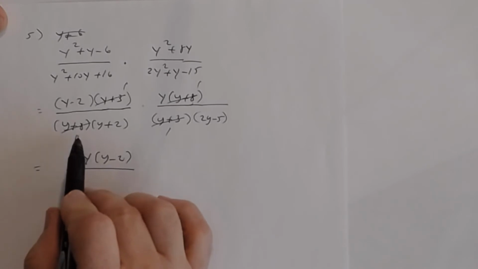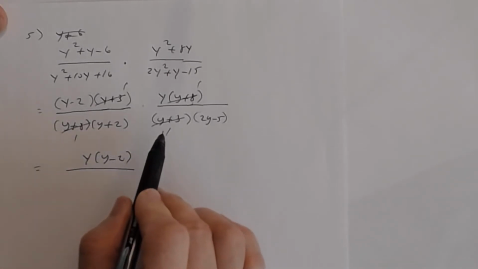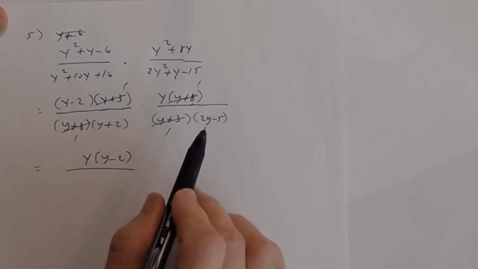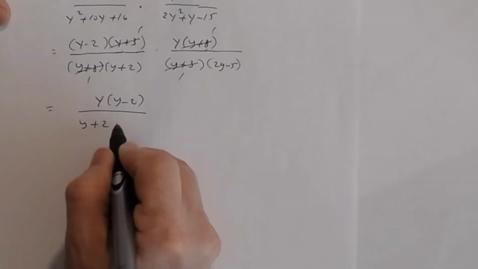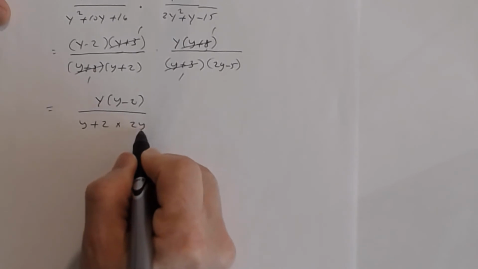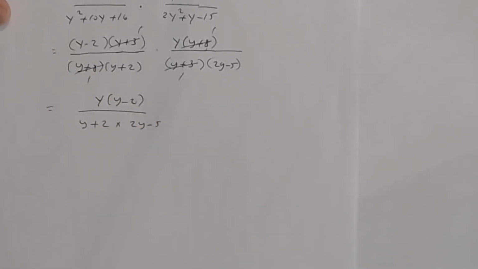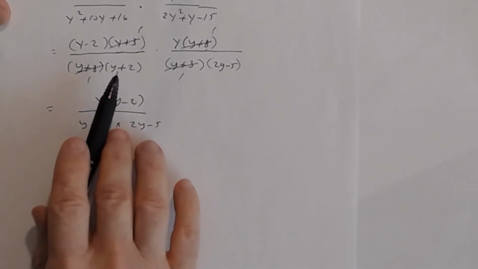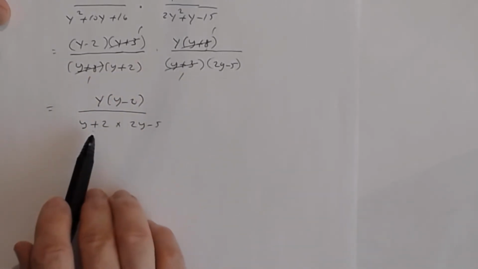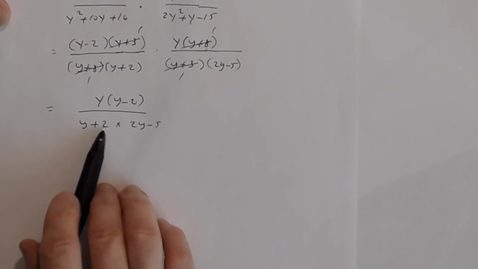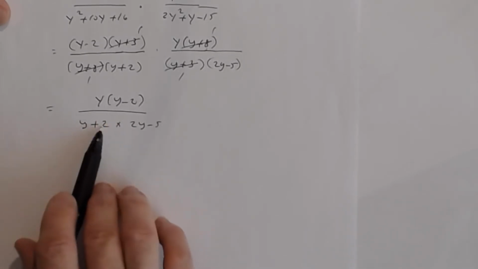The next one's 1 times y plus 2 times 1 times 2y minus 5. Now listen carefully. There's always a student that will do this, and that's not correct. You may say, well, I'm multiplying y plus 2 times 2y minus 5. Mathematically, that's not correct because according to this, all you're multiplying are these two together.